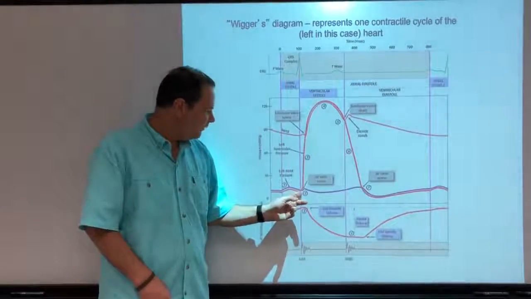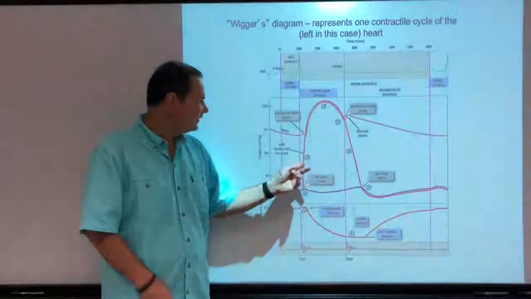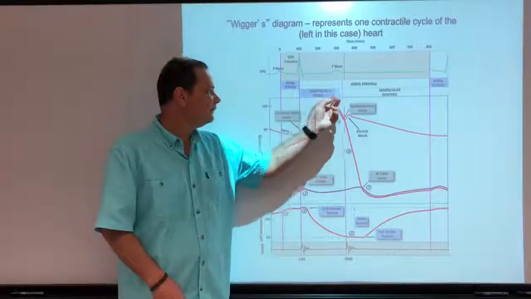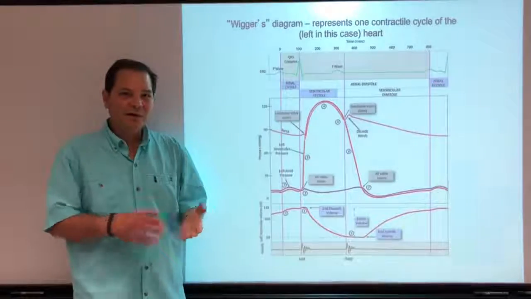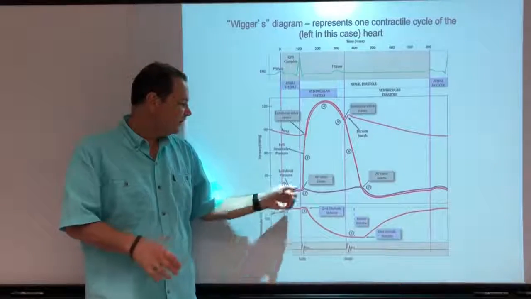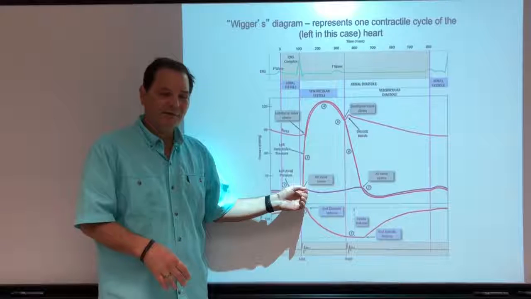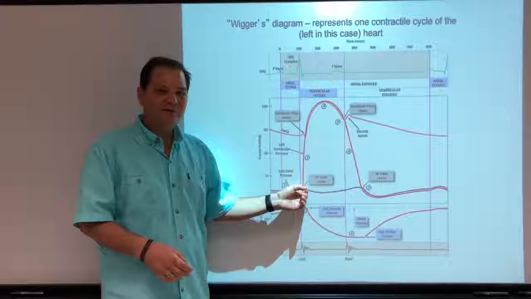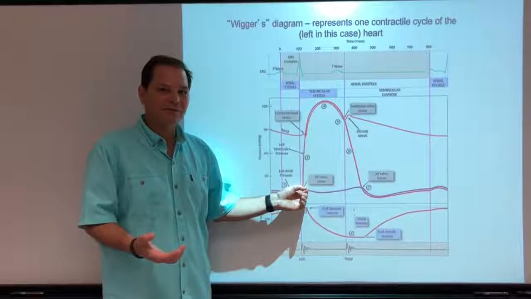So the mitral valve is closed at this point. Our ventricle is contracting, and we have begun ventricular systole. So we have a closed mitral valve and a closed tricuspid valve. So mitral insufficiency and tricuspid insufficiency are possibilities.